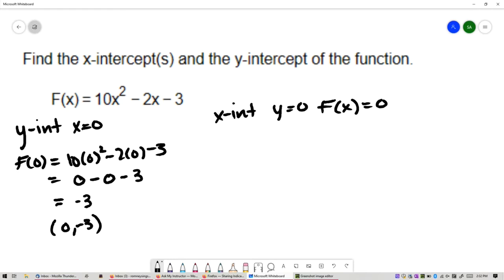So that would give us the equation 0 equals 10x squared minus 2x minus 3. Now this equation is a quadratic equation because of the squared. And there are several methods for solving quadratic equations, like factoring, the square root method, completing the square, and the quadratic formula.